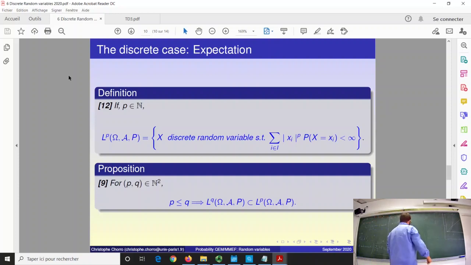So it means that L0 is just, in this situation, the set of all the discrete random variables, all of them, because the condition is always fulfilled. The sum is equal to 1, so it is finite. Okay, so L0 is equal to the set of the discrete random variables without any extra condition.